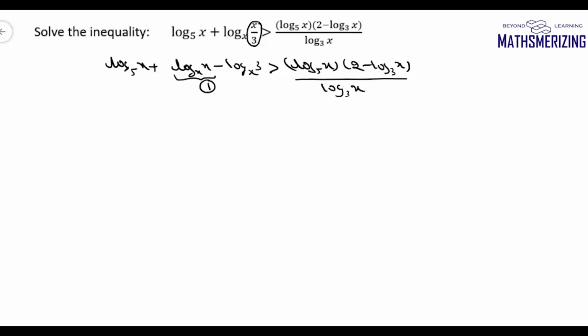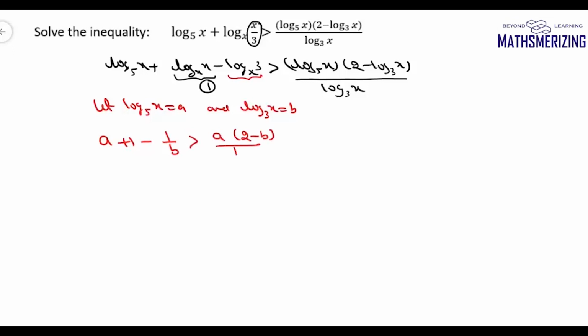Now what I'll do is I'll let log x base 5 as a and I'll let log x base 3 as b. So I'll write it as a plus 1 and then minus. Now log 3 base x is 1 upon log x base 3. So this is 1 upon b and this is a times 2 minus b upon b. So I'll take everything on the left hand side.